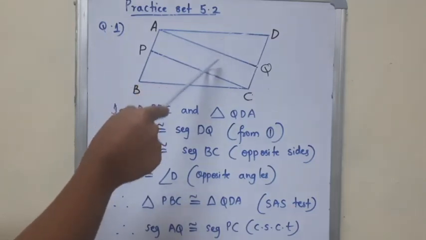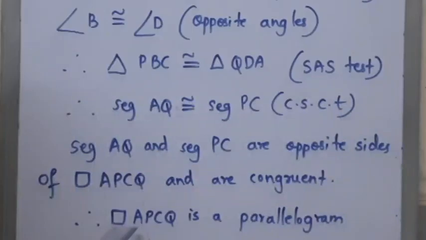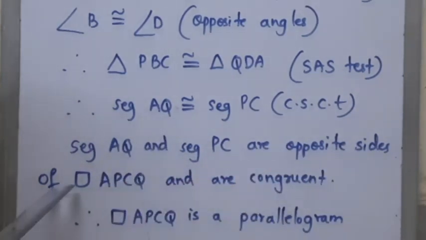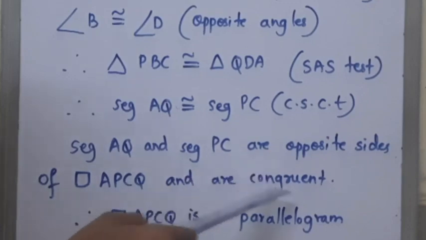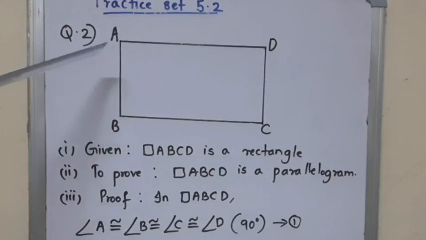If the opposite sides of a quadrilateral are congruent, then that quadrilateral is a parallelogram. Therefore, quadrilateral APCQ is a parallelogram because segment AQ and segment PC are opposite sides of quadrilateral APCQ and are congruent.